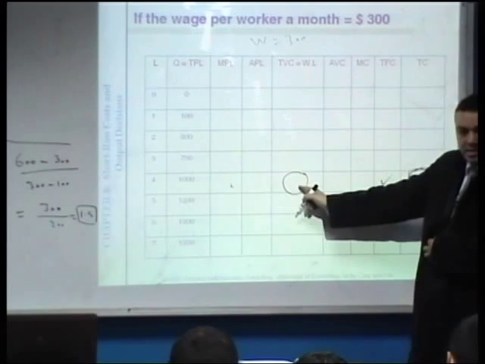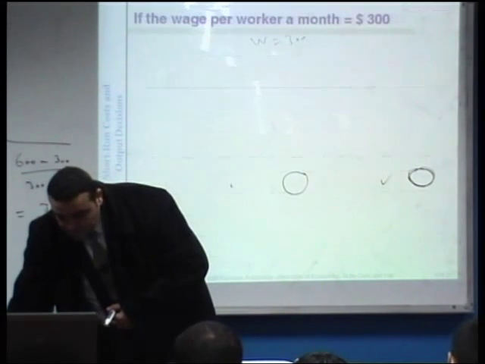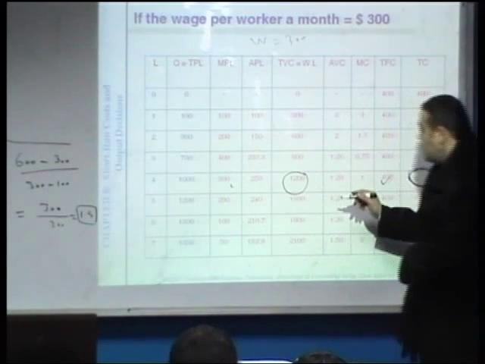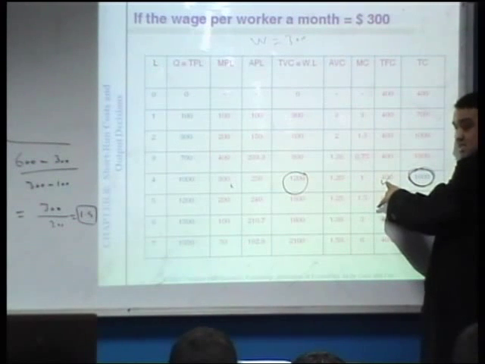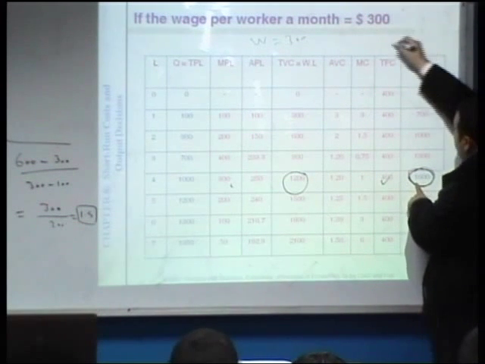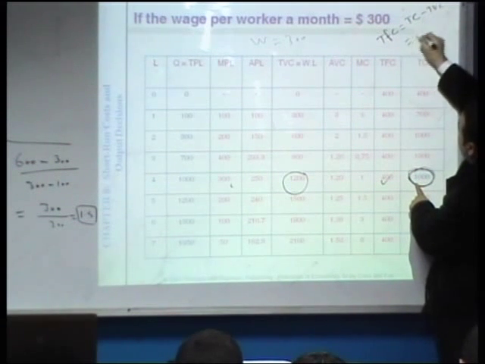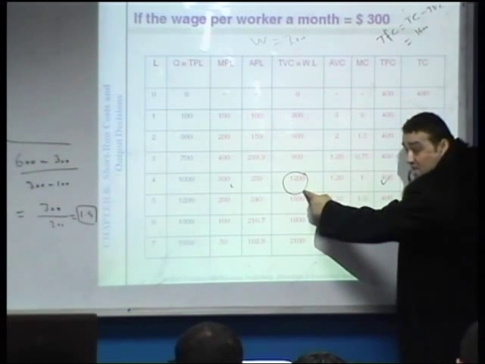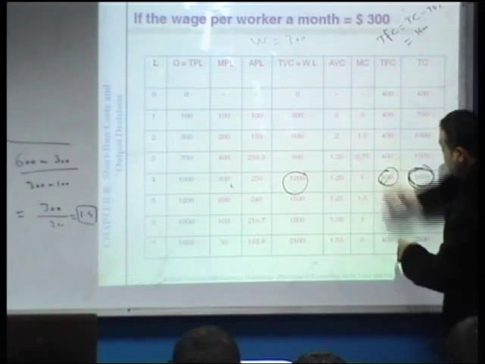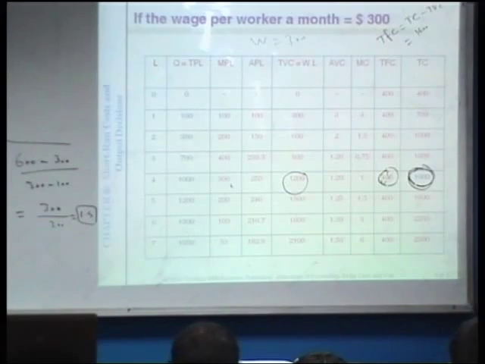We already calculated it. It was 1,200. So TFC equals total cost minus TVC, 1,600 minus 1,200 equals 400. So all the values of TFC would equal 400 as well.